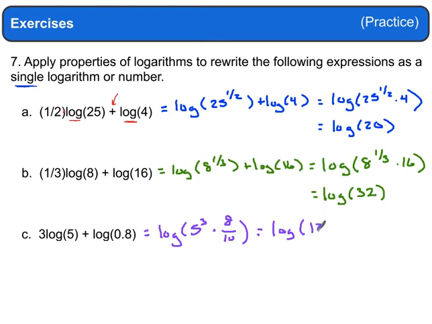So we get log 125, and then 8/10, a 2 goes into both. So a 2 goes into 8 four times, and into 10 five times. So we get 4/5. Now if we multiply that together, let's see, 125 times 4, divided by 5, and so we get log 100.